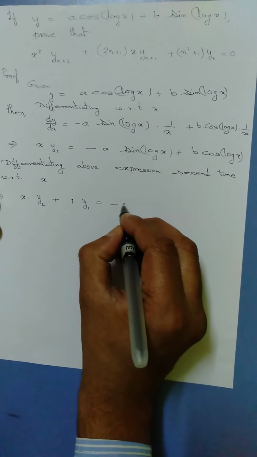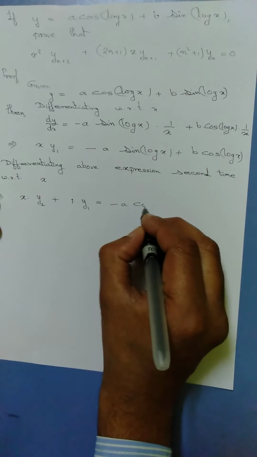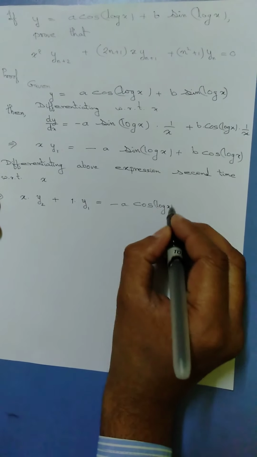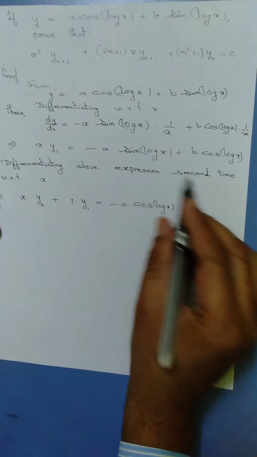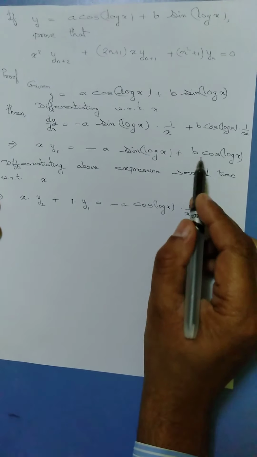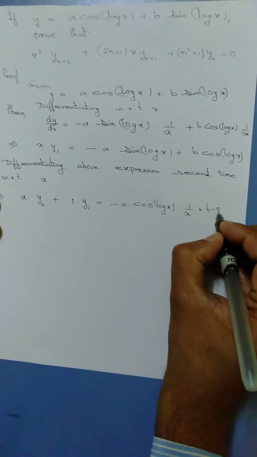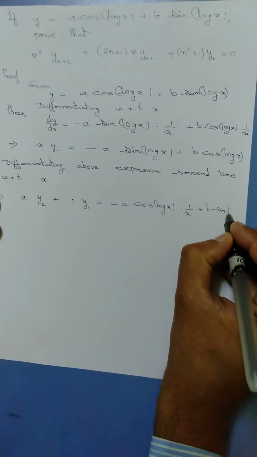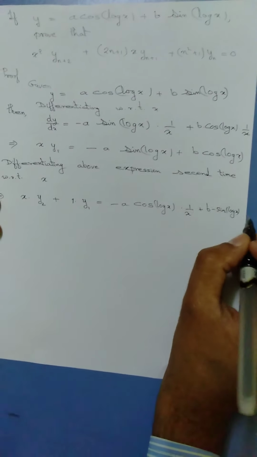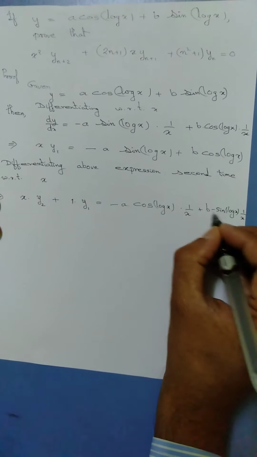Derivative of sine is cos, and after that derivative of log is 1 by x. Derivative of cos is minus sine, and derivative of log x is 1 by x.